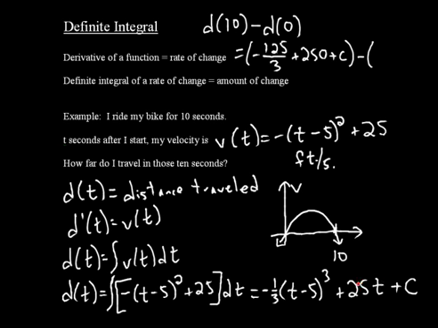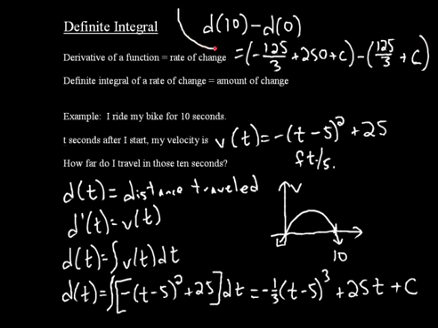Now this term goes away when I plug in 0, but this one doesn't. I get negative 5 cubed, which gives me indeed negative 125. Paired with this negative, I get positive 125 over 3. And again, plugging in 0 for t gives me 0, so I just need the plus c part.